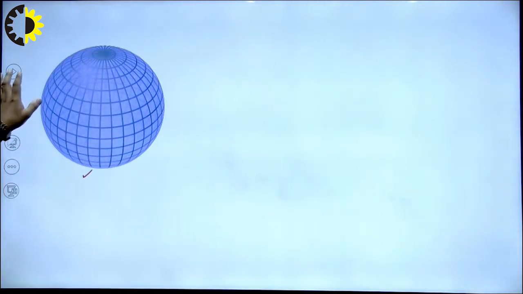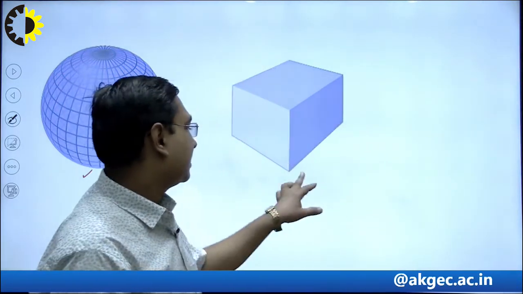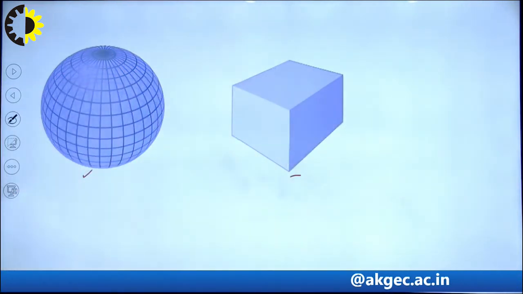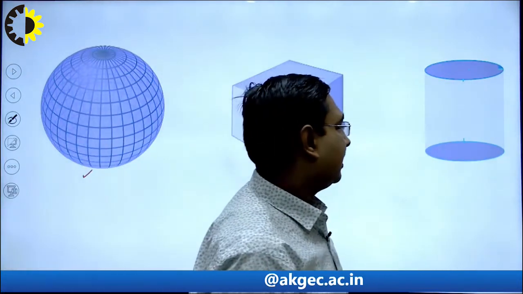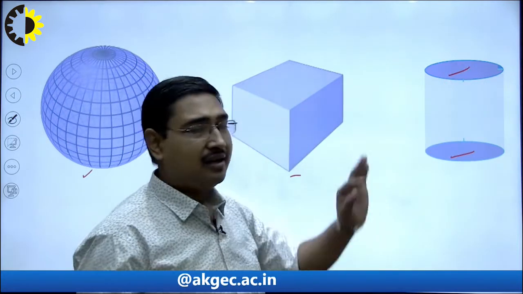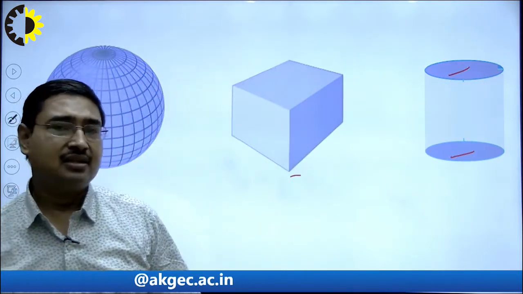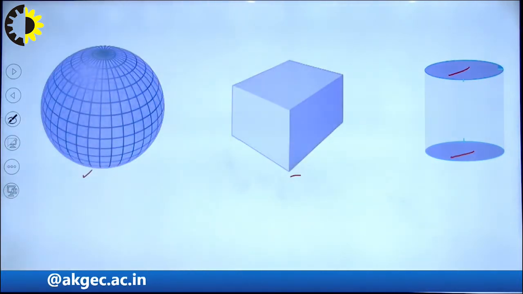A cuboid is again a closed surface, so the theorem also applies. A cylinder bounded by both of its ends is again closed, so the divergence theorem can be applied to it also.